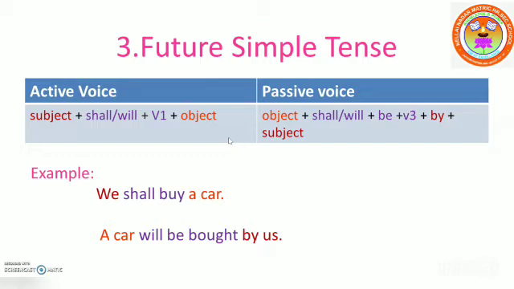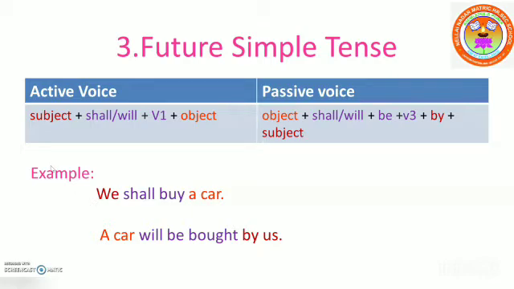Next, future simple tense. Active voice structure: subject plus shall or will plus V1 plus object. Passive voice structure: object plus shall or will plus be plus V3 form plus by plus subject.